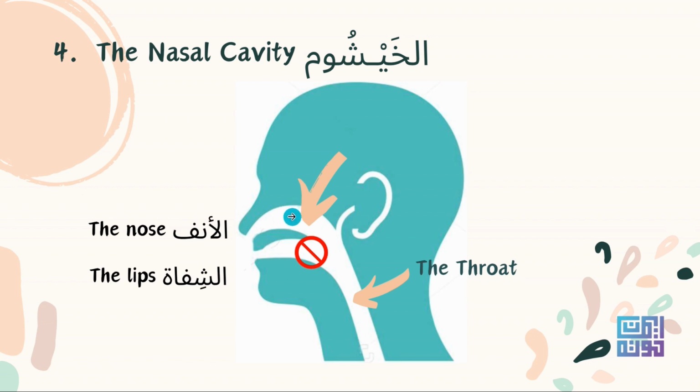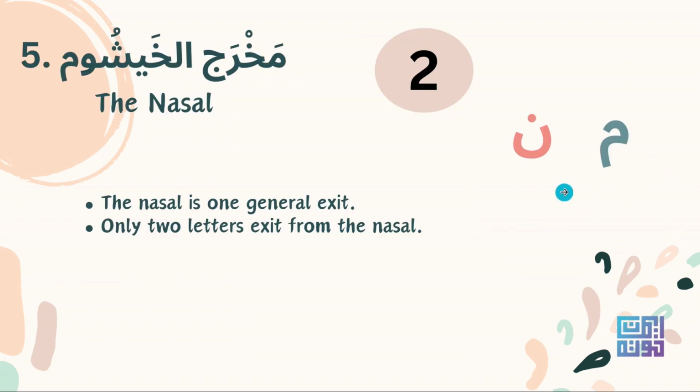Ghunna. It's this sound, and this sound that you can hear from the nasal. Okay, so what are the letters that are pronounced from the nasal? The nasal is 1 general exit, only 2 letters exit from the nasal, and it's the meme and the noon.